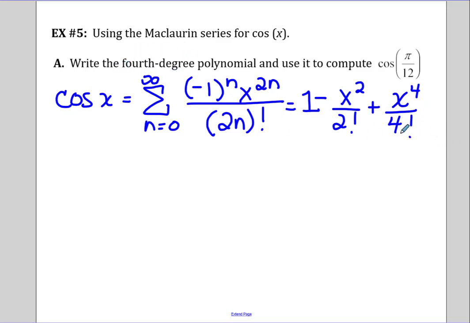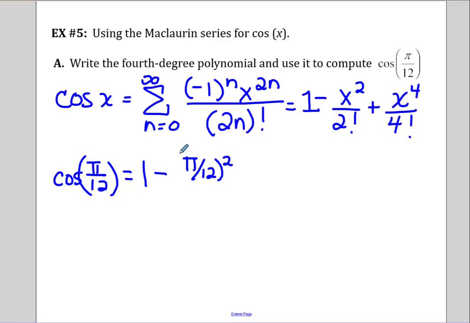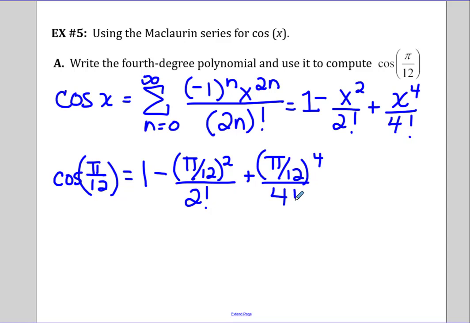So here's our 4th degree polynomial, and we want to use it to compute the cosine of pi over 12. So cosine pi over 12 is going to be 1 minus pi over 12 squared divided by 2 factorial plus pi over 12 to the 4th divided by 4 factorial.